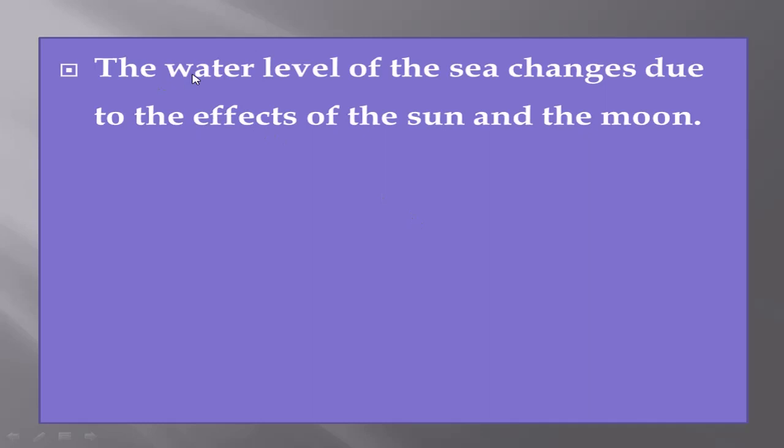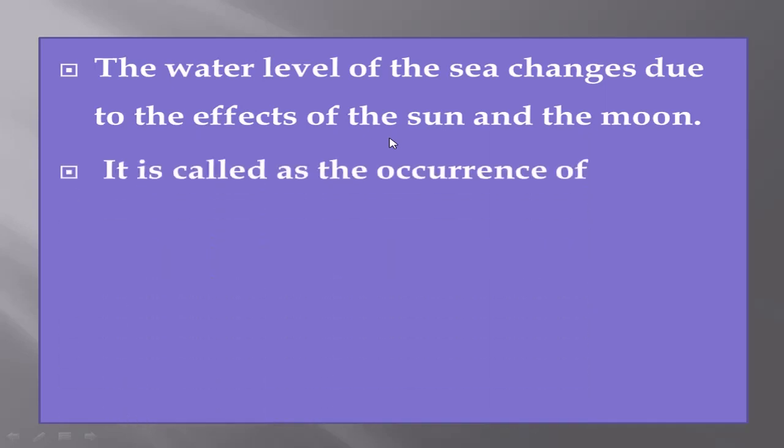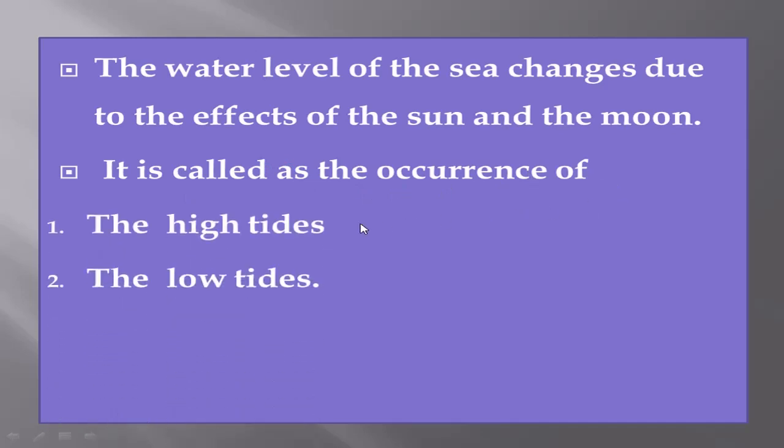Now think about how the water level of the sea changes due to the effect of the sun and moon. The water level of the sea changes due to the sun and moon. Then it is called the occurrence of high tides and low tides.